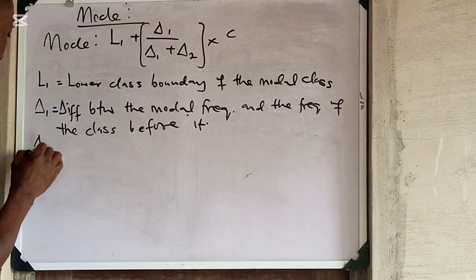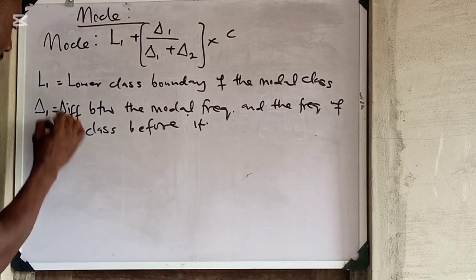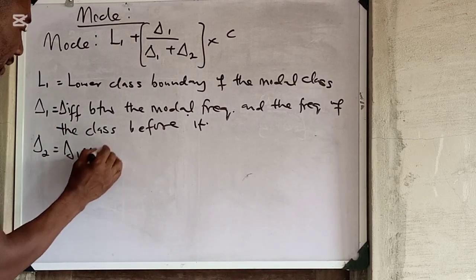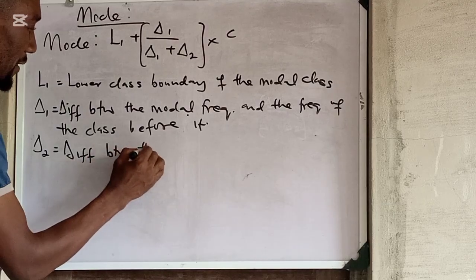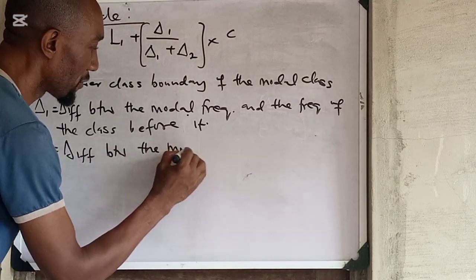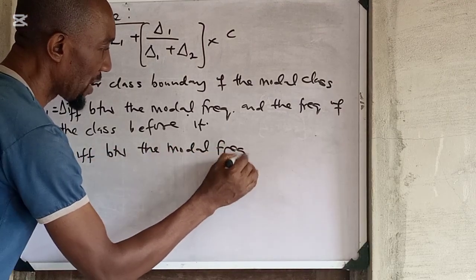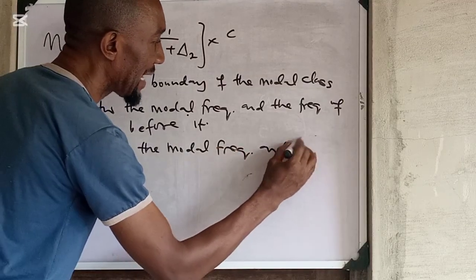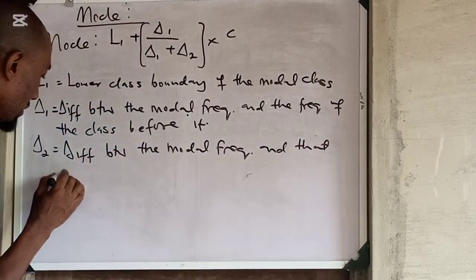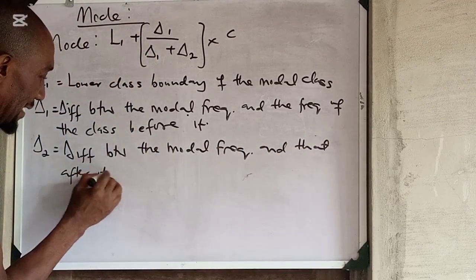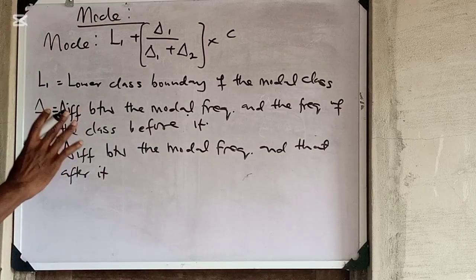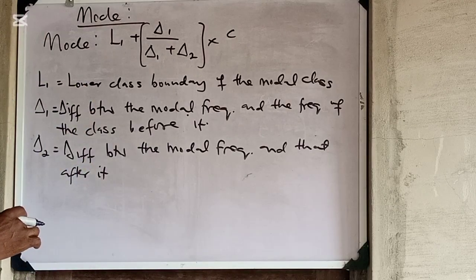Then we have delta 2. Delta 2 again is the difference between the modal frequency and that after it. When we start solving, you will see all these things I'm talking about.